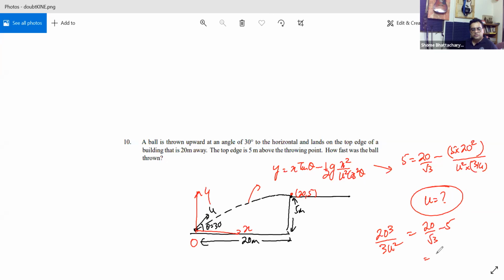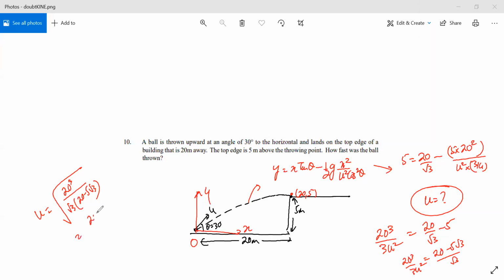So write this as... so u will become square root of 20 cube upon root 3 into 20 minus 5 root 3. So definitely doesn't look like you can get an answer like 20.